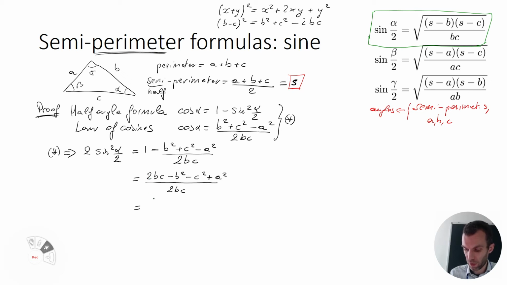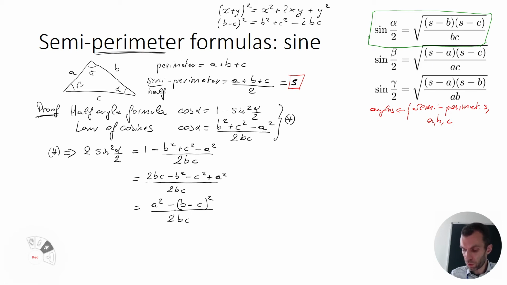So that then gives us a squared minus b minus c squared divided by 2bc. Sorry, this should be a minus here because I have the same signs here.